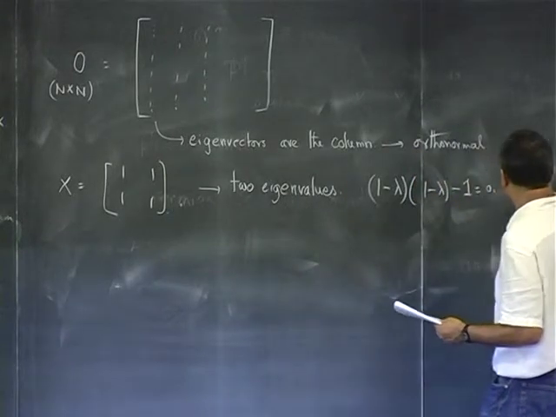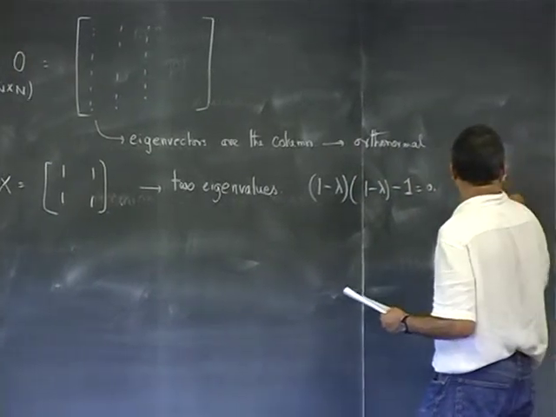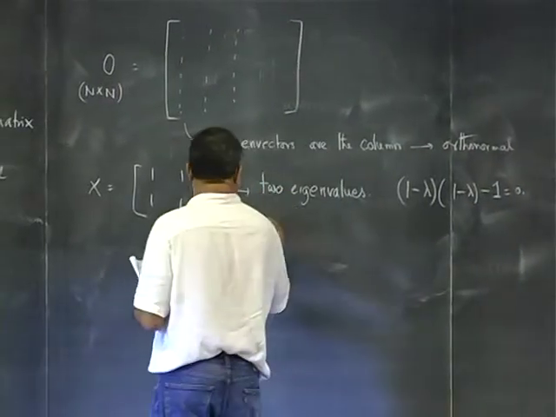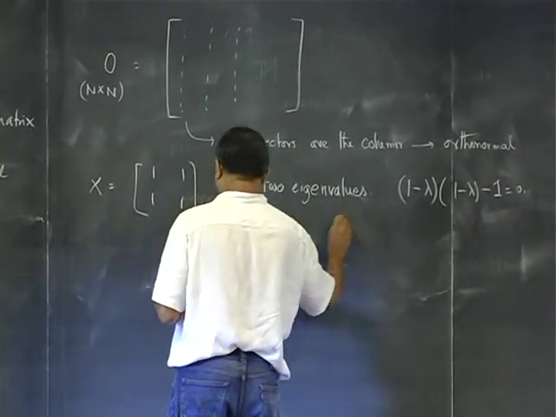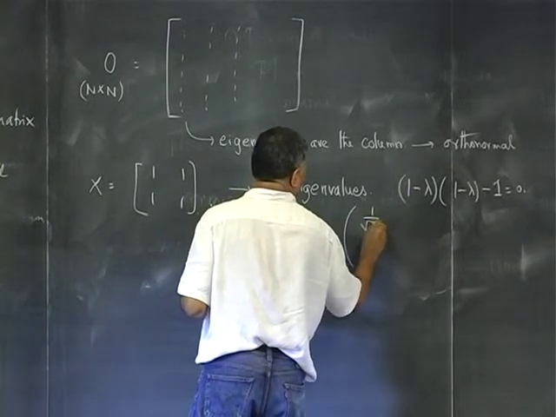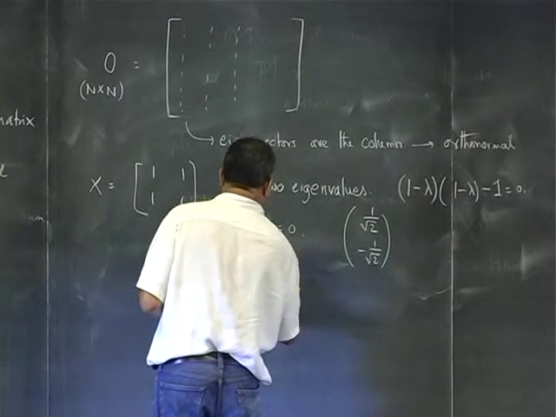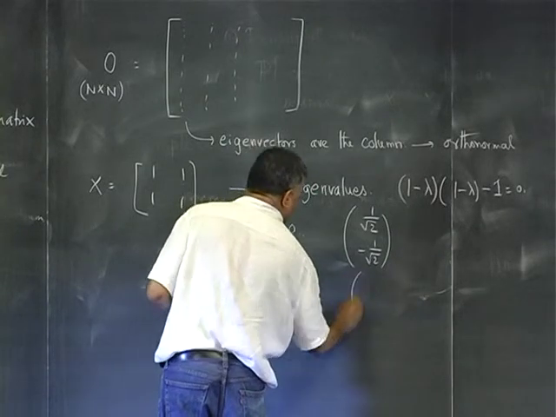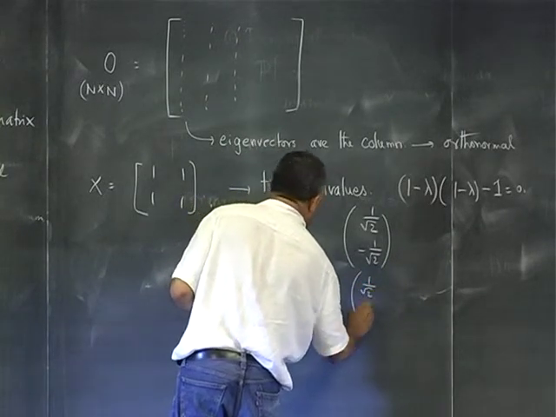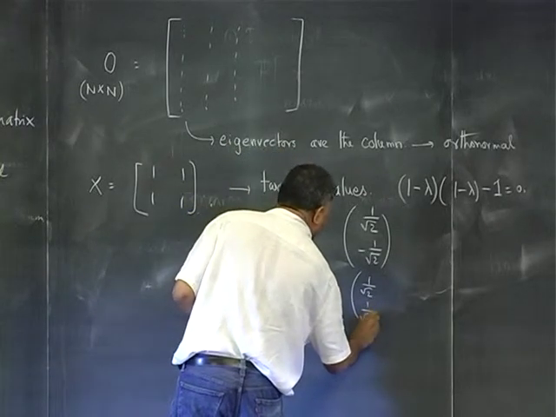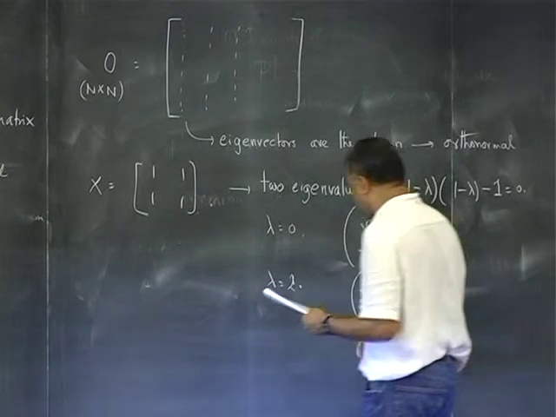So this gives 2 roots, lambda equal to 0 and 2. And the corresponding eigenvectors for lambda equal to 0 is 1 over root 2, minus 1 over root 2, and for lambda equal to 2 it is 1 over root 2, 1 over root 2. So these are orthonormal.